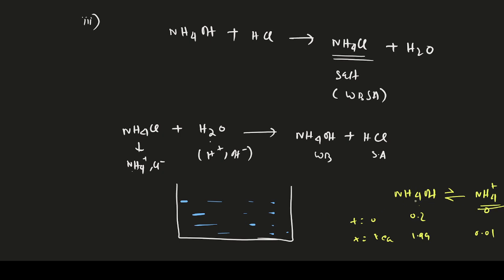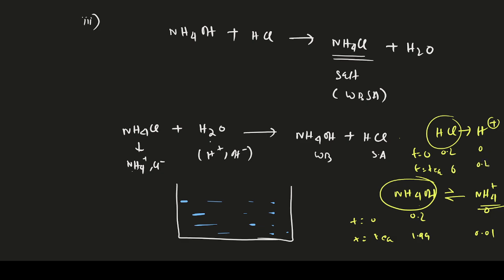And whenever you have HCl, this completely dissociates into H plus and Cl minus. So in the solution the HCl will not be present, because at T equal to 0 it is 0.2 molar, and at equilibrium this is completely dissociated, 0.2 molar, 0.2 molar.